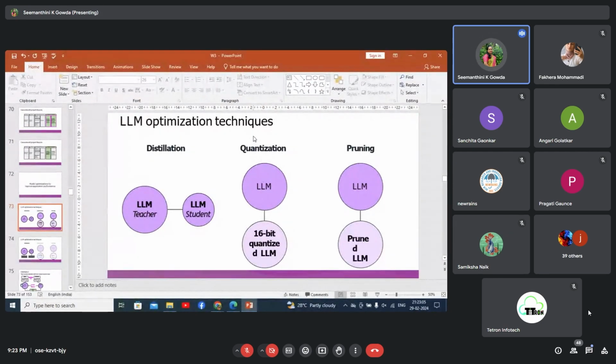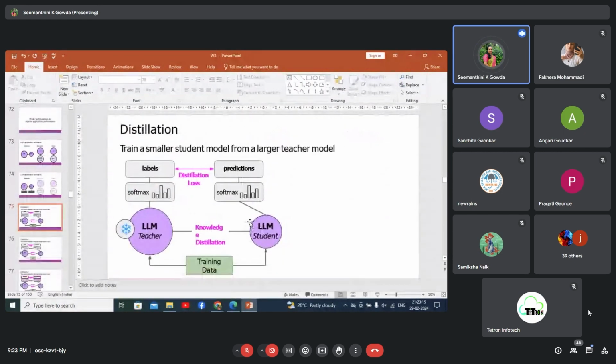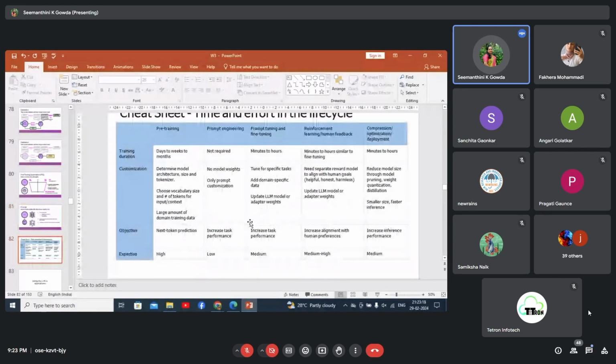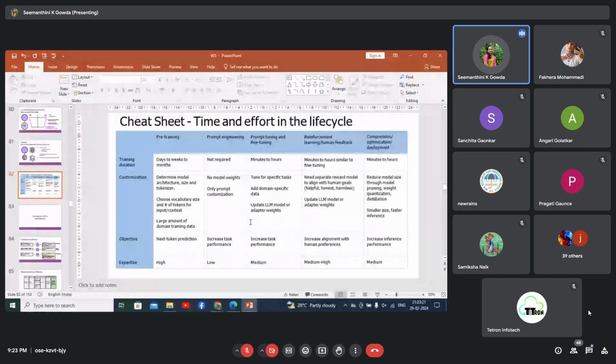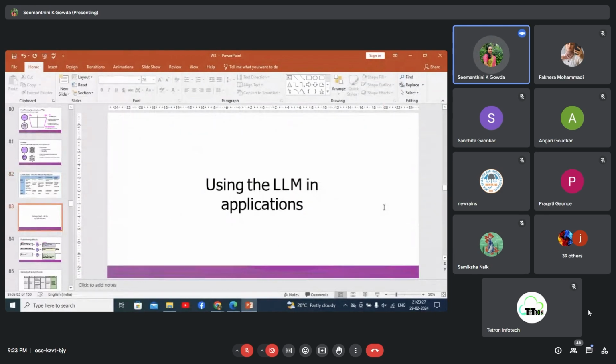Quantization: 32-bit data will be reduced to 8-bit or 16-bit. Pruning: unwanted data will be removed. These are the three different optimization techniques we use in LLM, right? I just briefed what we use, and these are all the cheat sheets we follow in LLM.